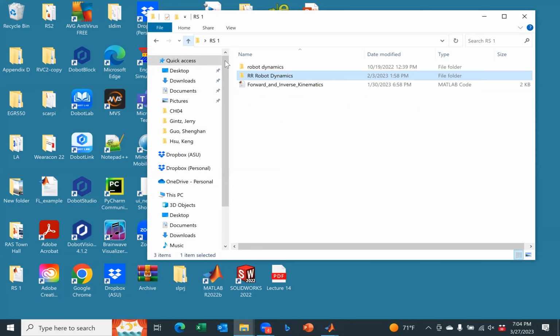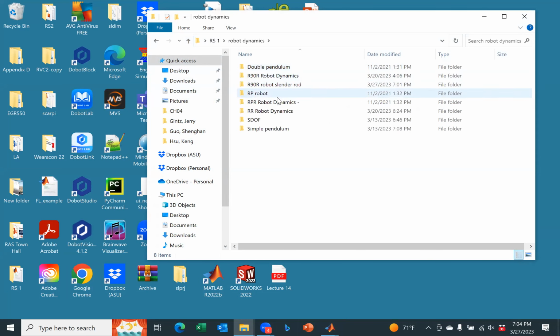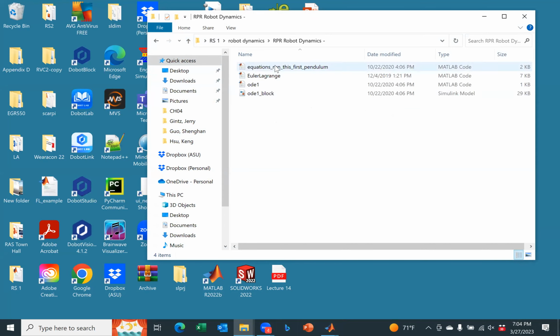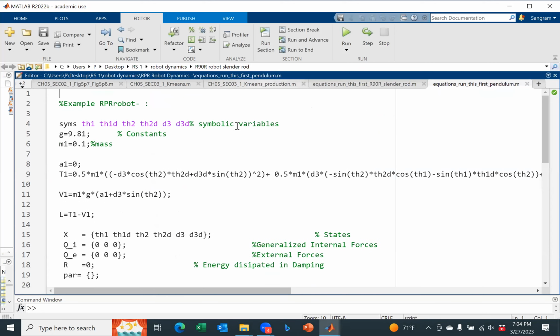If you have this robot problem, wherein you have a revolute joint, a prismatic joint, and a revolute joint, how would you solve it?